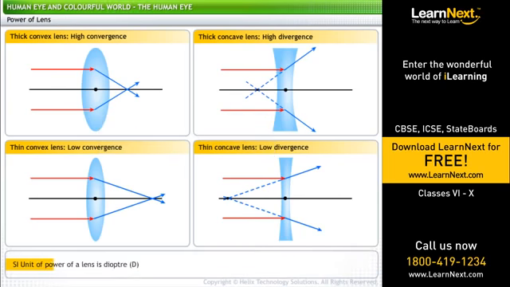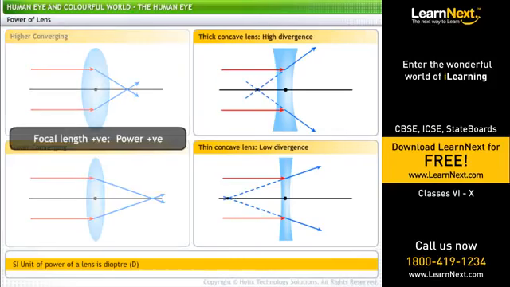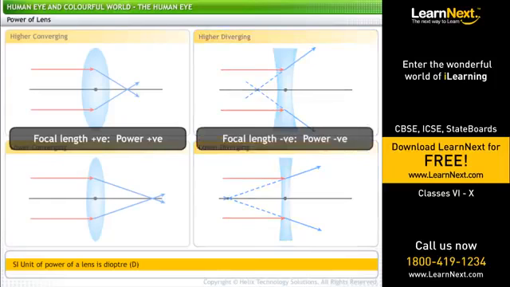The SI unit of power of a lens is diopter and is denoted by D. Usually, the focal length of a convex lens is considered positive. Hence, its power is also positive. Similarly, the focal length of a concave lens is considered negative. Hence, its power is negative as well.